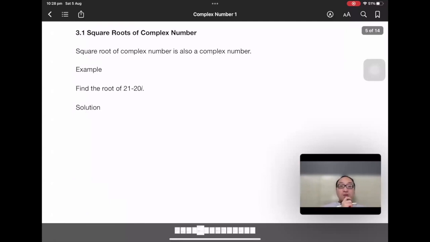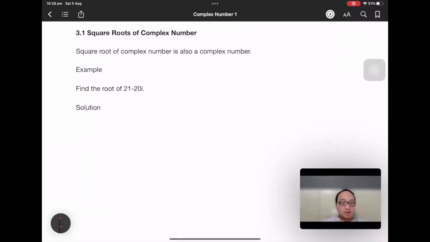Square root of a complex number. The square root of a complex number is also a complex number. For example, find the roots of this. So that means z is the square root of 21 minus 20i.